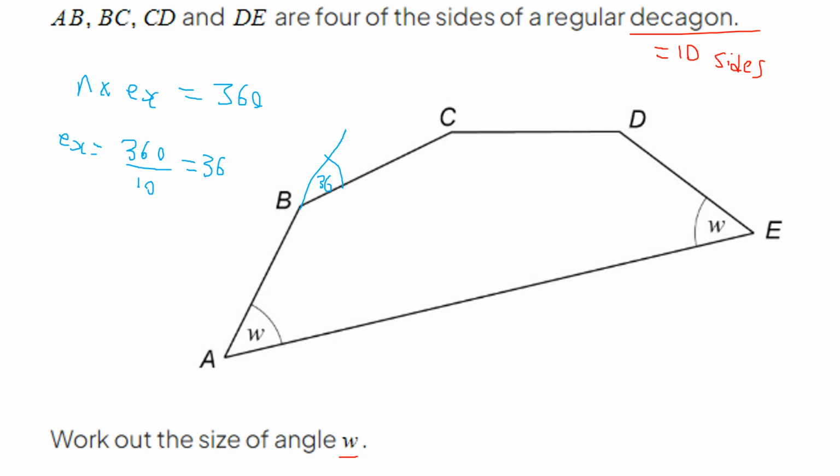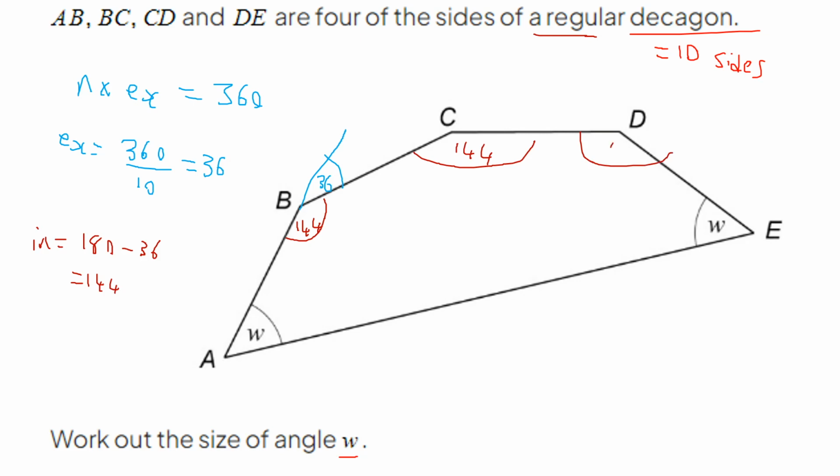Okay, so now what we're going to do is work out what the interior angle is, which is simply going to be 180 minus 36, which is equal to 144. And remember, because it's regular, if this is 144, then this also has to be 144.